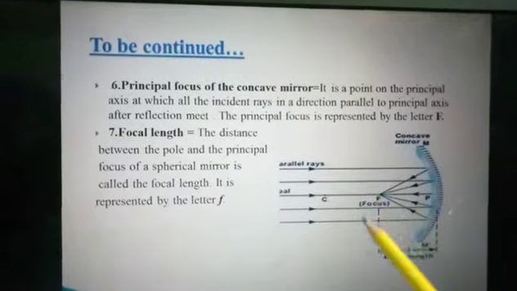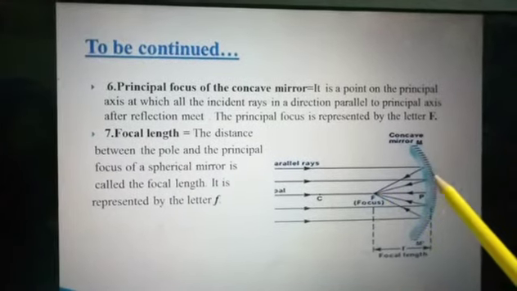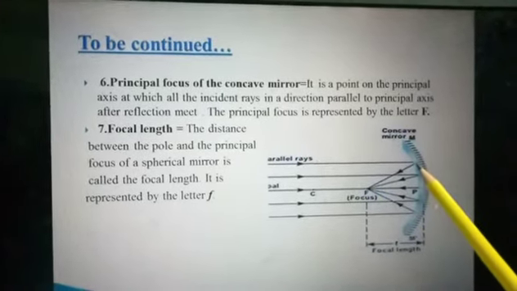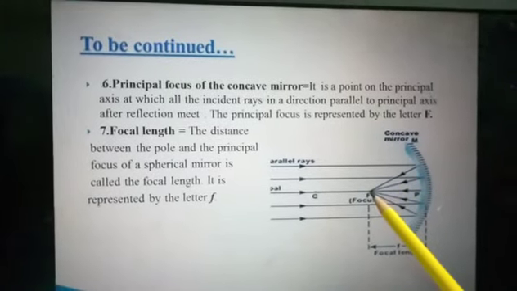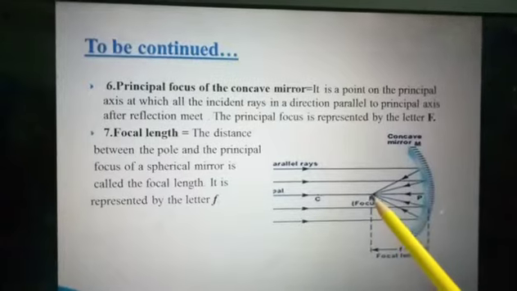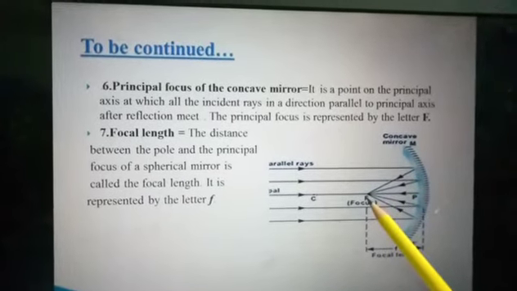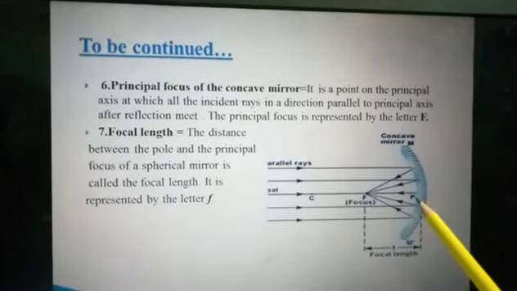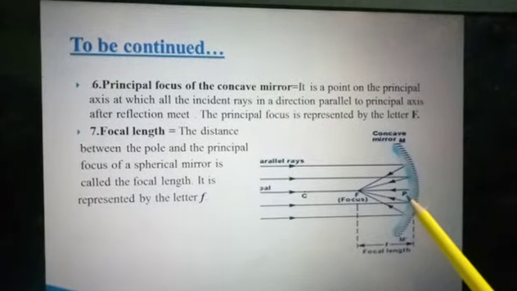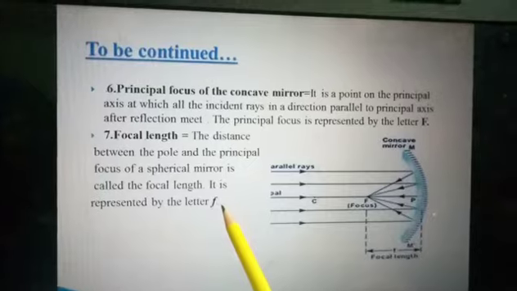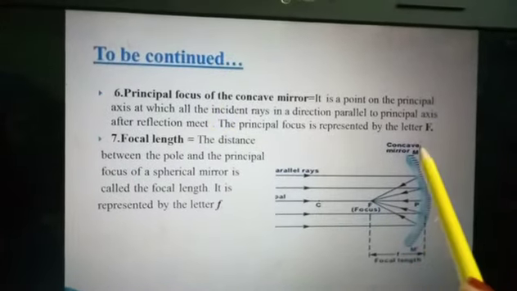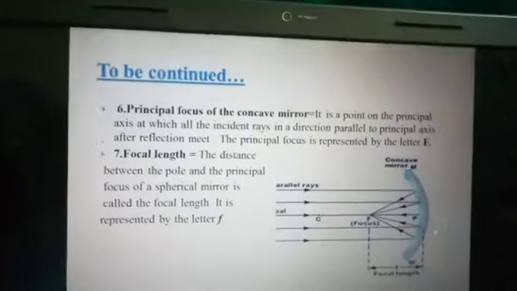You can observe that all these parallel rays after reflection from the reflecting surface meet at this F. This is known as the principal focus, and the distance of this principal focus from the pole, FP, is known as the focal length. It is represented by small f, and the principal focus is represented by capital F.